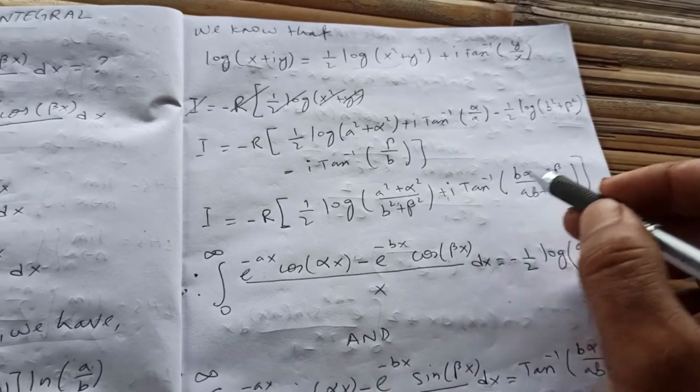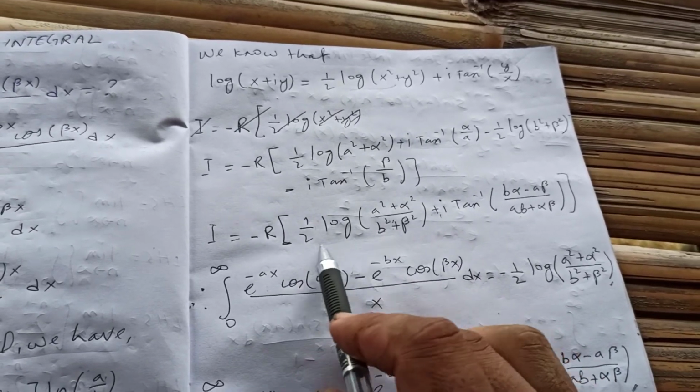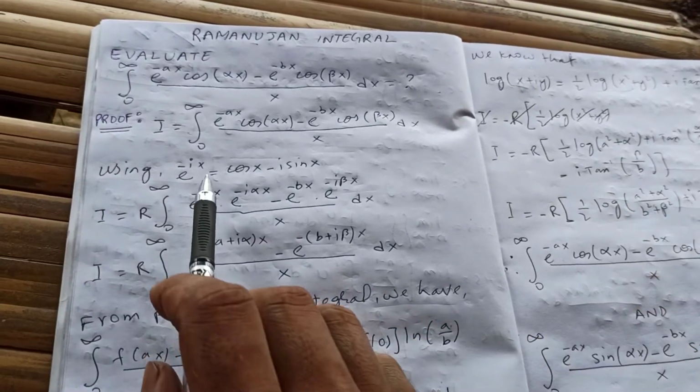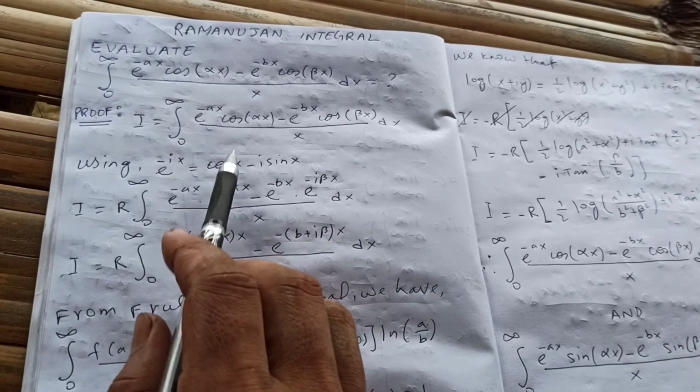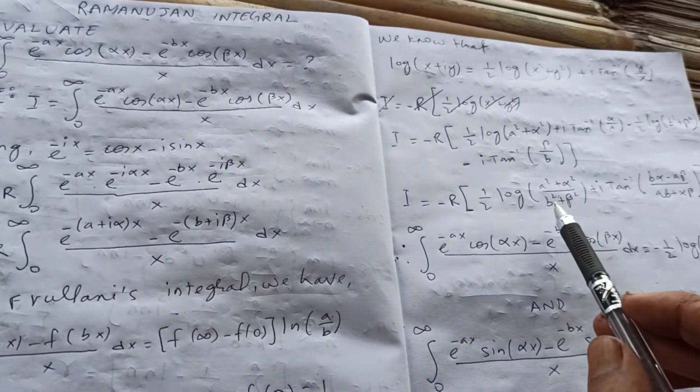Now the real part is this part. Therefore our original integral, where we extract the real part, is the cos one.